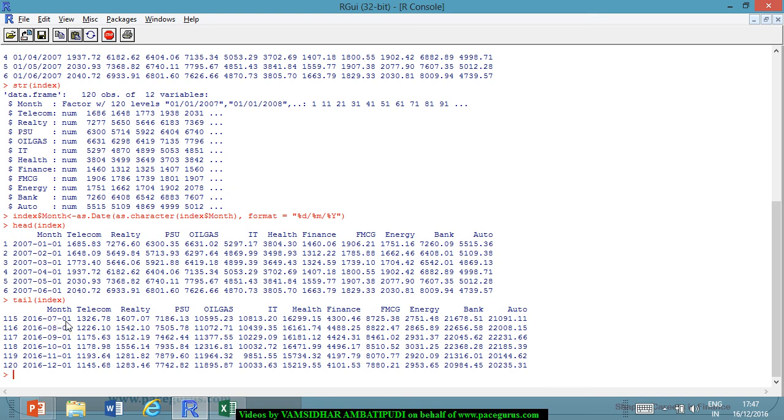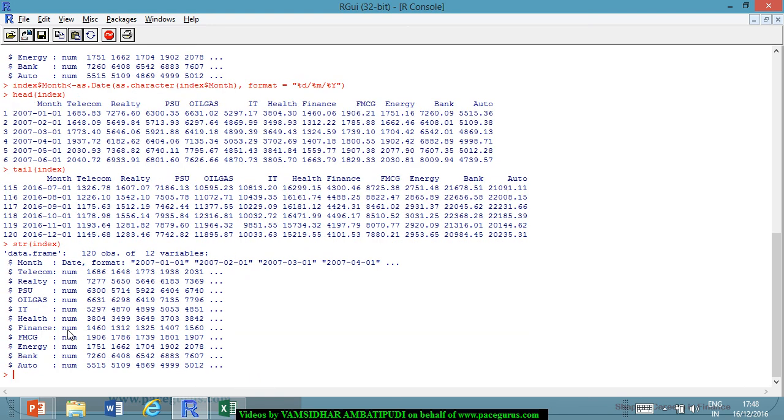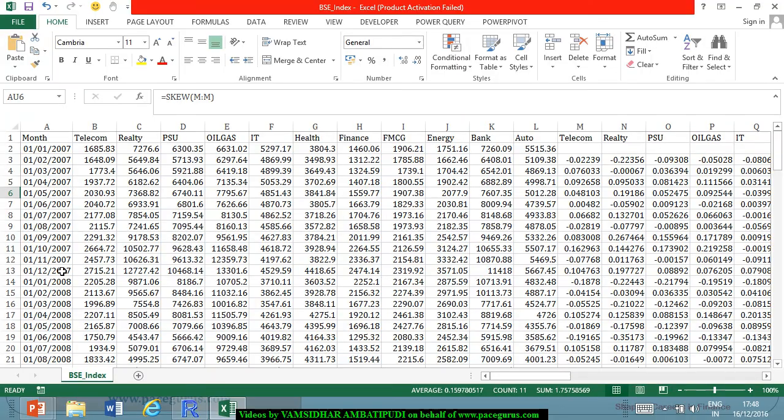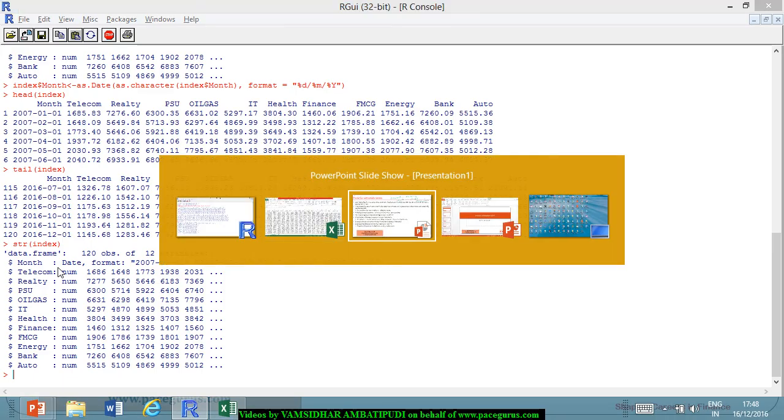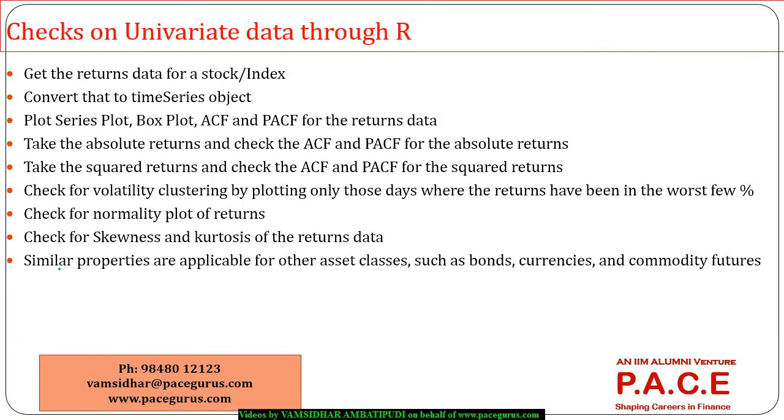So we have got the date in the right format. If we really want, we can look at the structure of the index as well, which says that it is a valid date format. But now that it's a valid date format, let me look at doing a few things. I don't have the returns data.